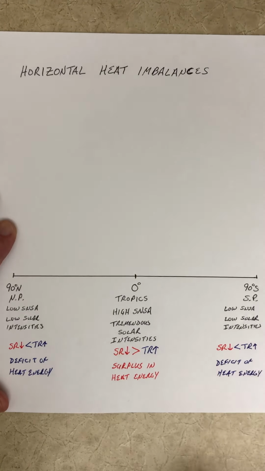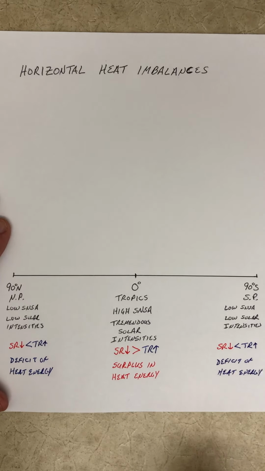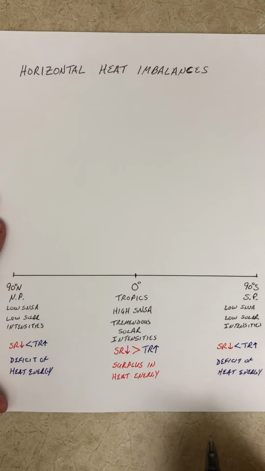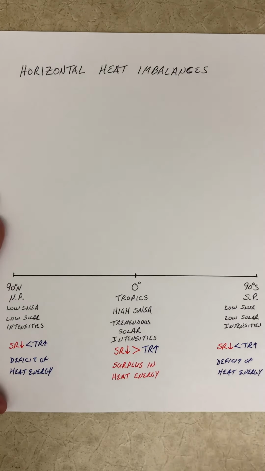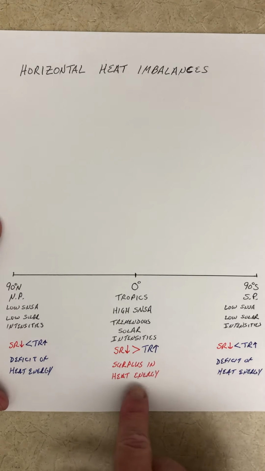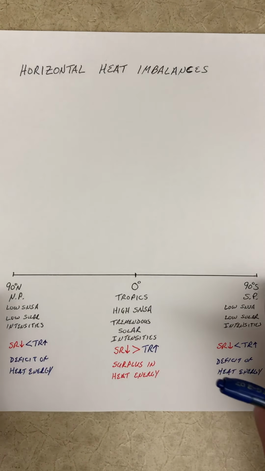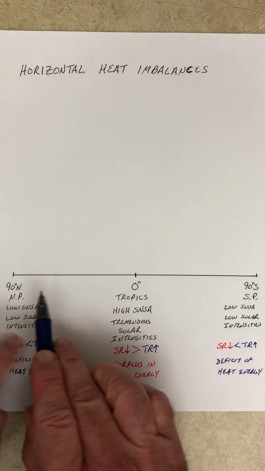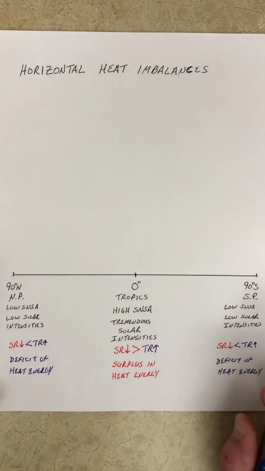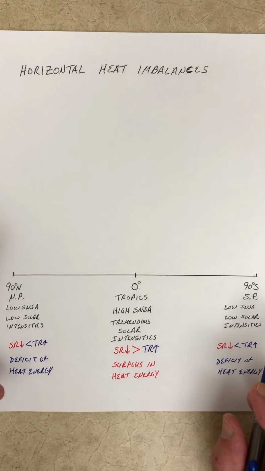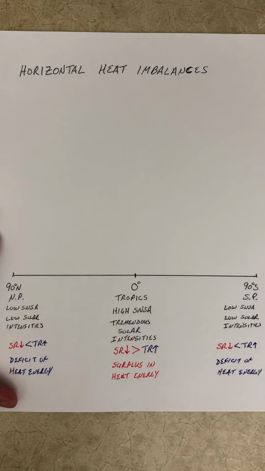All right. Let's see, what was the next thing I wanted to tell you? So if we have a surplus of heat energy in the tropics and a deficit of heat energy in the poles, then somewhere along this number line, incoming solar radiation has to equal outgoing terrestrial radiation.